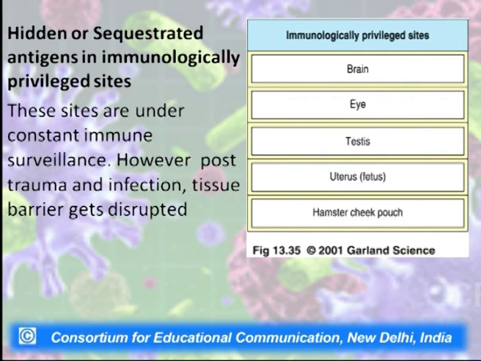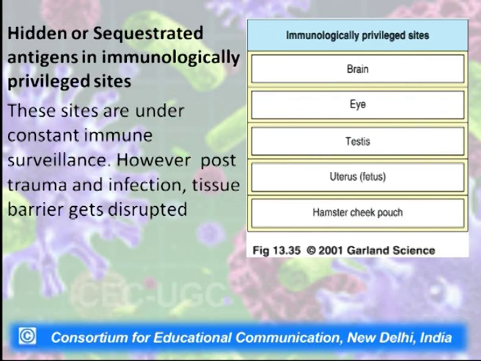Now, because of any reason, let us say a trauma to the eye, surgery, whatever, certain cells escape from these tissues. What will happen? They will come into the body and the body will mount an immune response against them, because it has never come in contact with these cells.